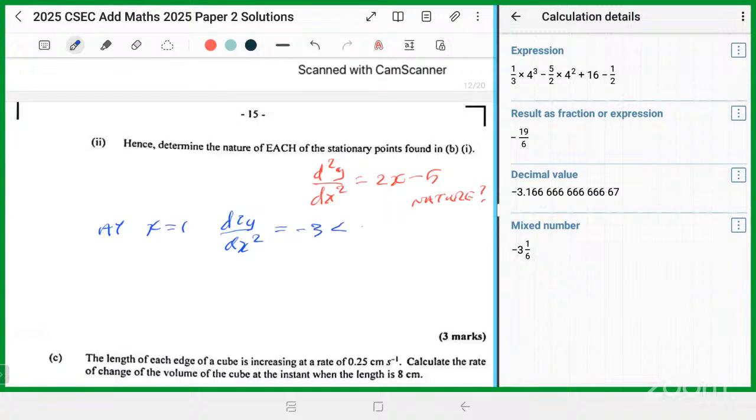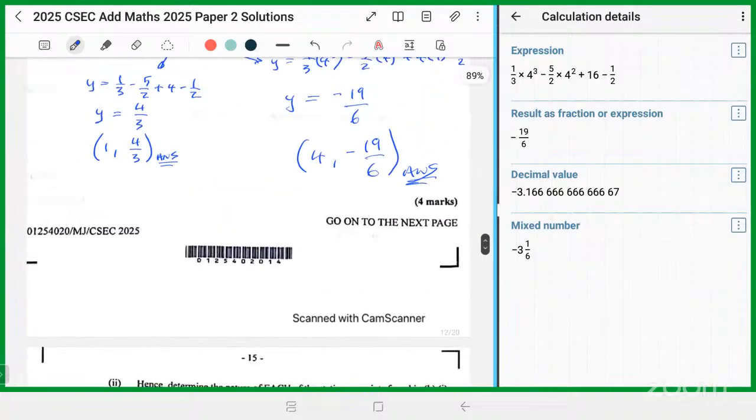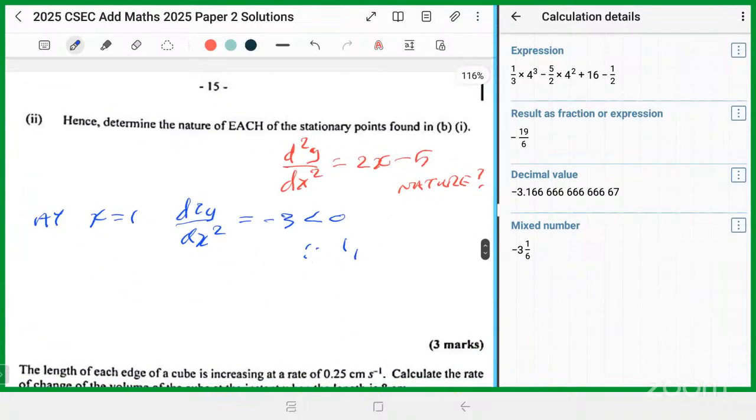So less than 0. This gives us a max. So therefore, we can write 1, 4, 3 is the maximum.